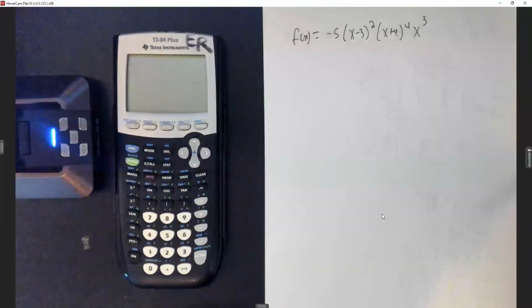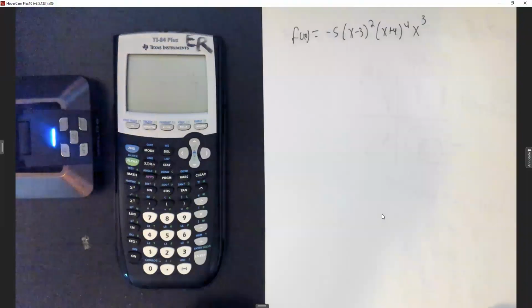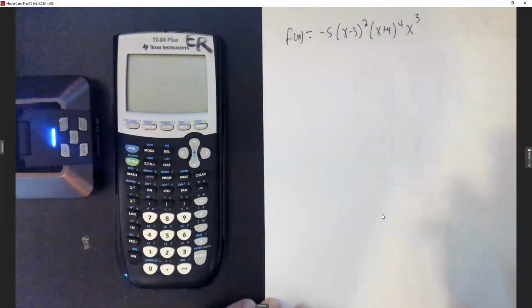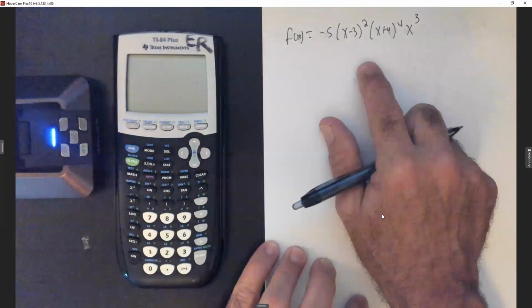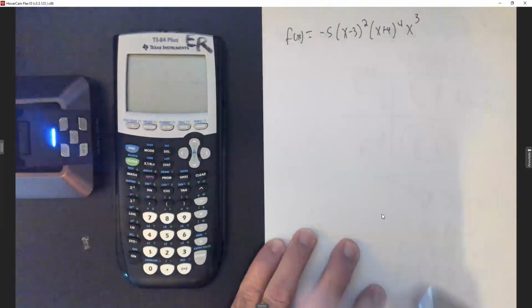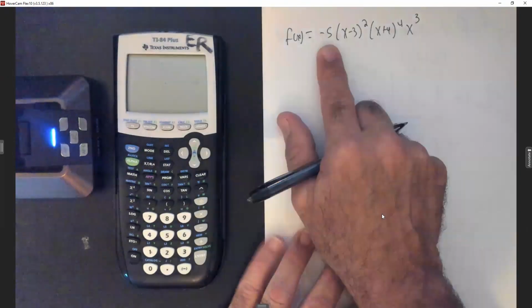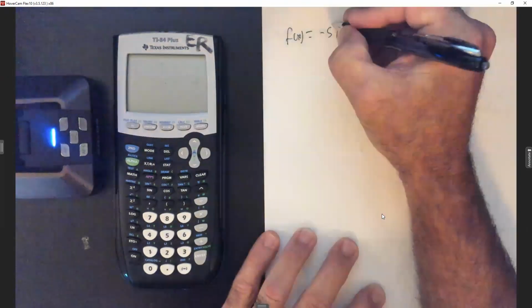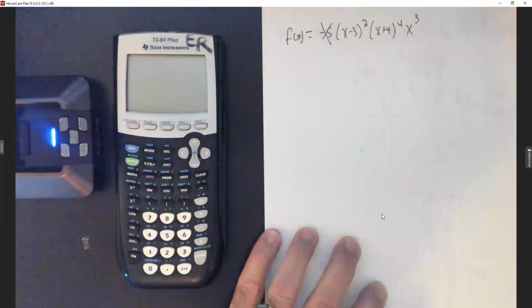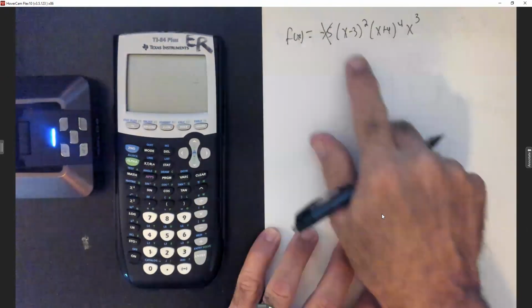All right, so we take all the factors and set them equal to 0 and solve them. But remember, the factors got to have a variable. So since this negative 5 is sitting here and it does not have a variable, cross it out. We don't need it. We can only set the variables equal to 0.